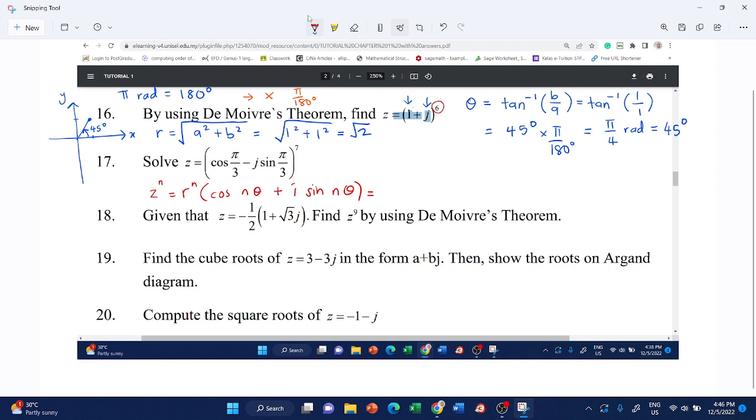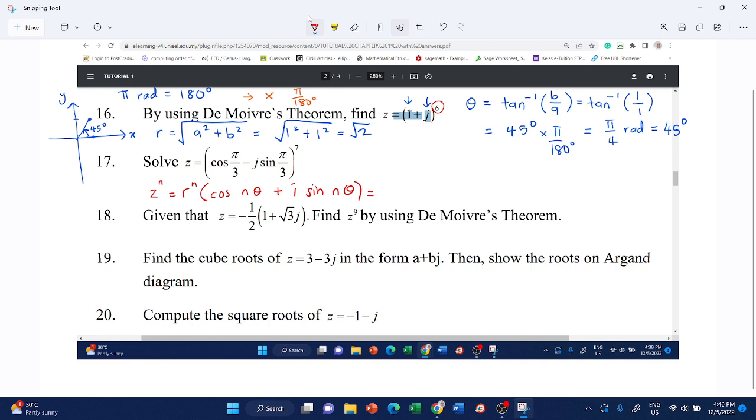R and theta we have identified. Since you have two values, either radian or 45 degrees, just make sure that if you want to use pi over 4, your calculator setting should be radian. If you want to use 45 degrees, then your calculator setting should be degree.